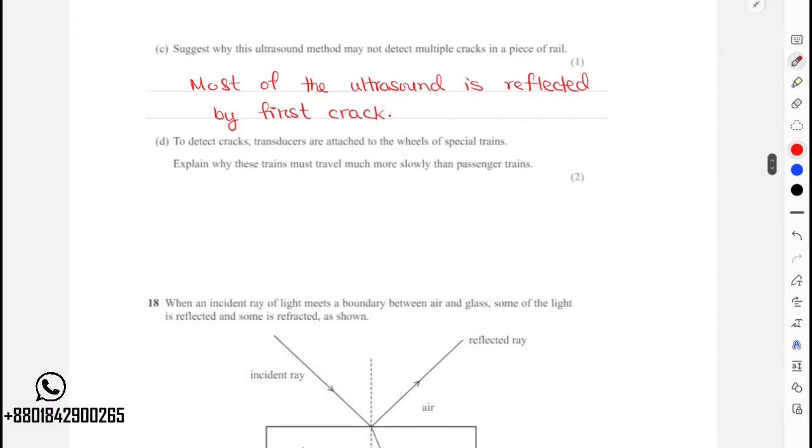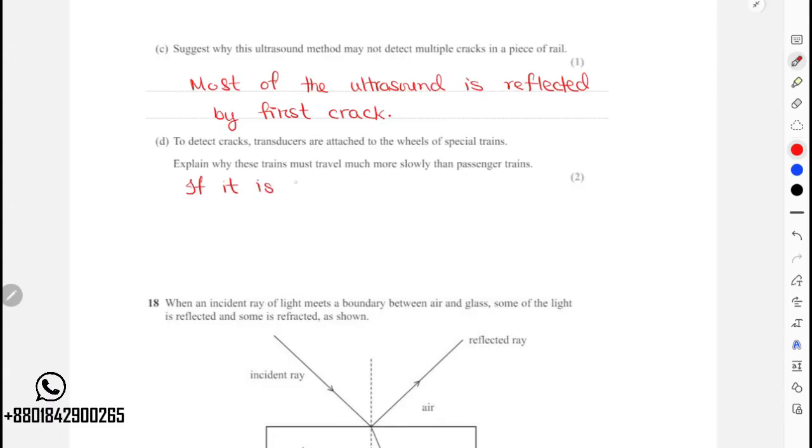So we can write that if it is moving too fast, it will not stay in the same position. There is a time delay for the reflection to occur, right? So the train must travel at a lower speed to remain in the same position.